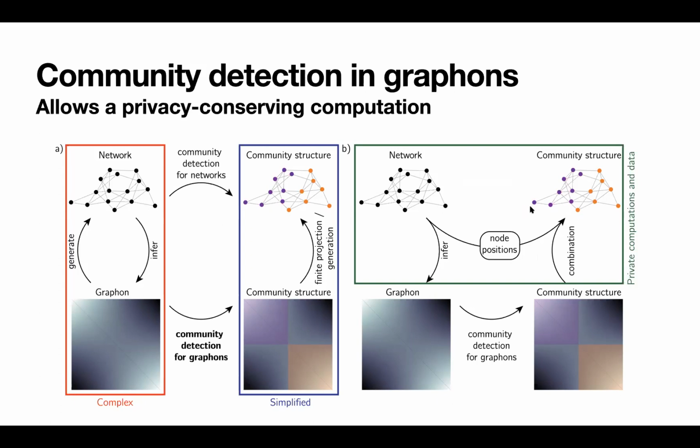And you have not shared individual information about the connectivity of each node or which individual each node is associated with to the outside world. So it's a paradigm for private community detection. And this is especially interesting because there are some algorithms which allow the estimation of graphons in a privacy-conserving way, where you don't share the information about the edges with the graphon estimator.